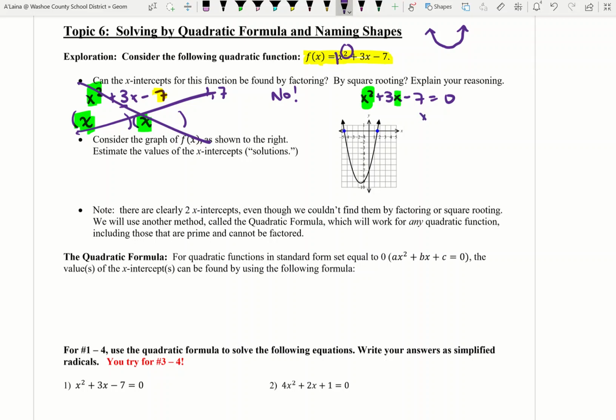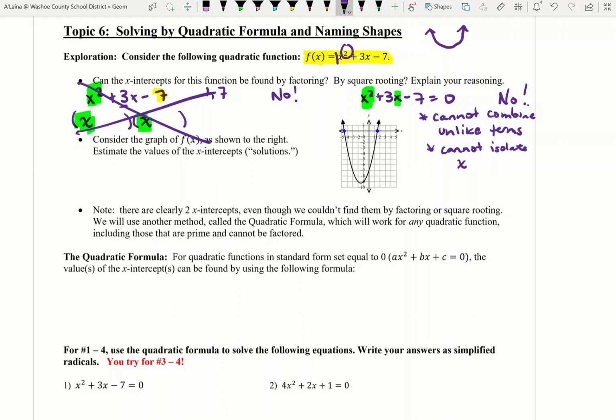So there are no like terms, and I cannot combine unlike terms, which means there's no way for me to isolate x. And if there's no way to isolate x, I cannot solve for x this way either. So factoring did not work. Solving by square rooting didn't work. So we're going to look at a different way.